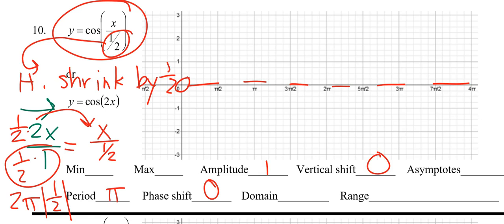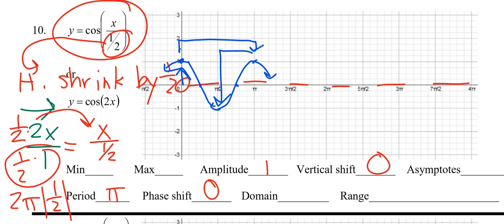Okay, see if you can graph it. Hopefully you got a picture that looks something like this. You used your amplitude. You went up to find the first point. You used your period to come over pi units to find a place where it was starting over again. Halfway in between, you went all the way to the bottom of the wave, which was 1 unit below the center line. And then you found your points in between.